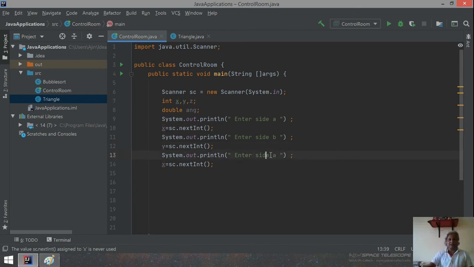Then here I write angle A, and then this I put back in ANG. So angle ANG is a double value, and this angle needs to be double.